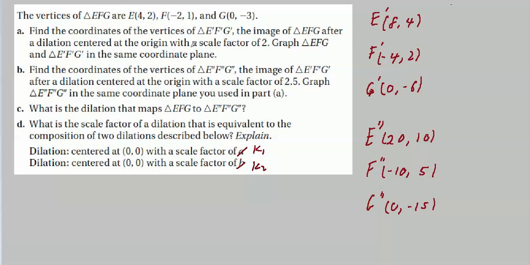What would be the product of 2 and 2.5? That's K1 times K2. 2 times 2.5, and I think that's 5, right?